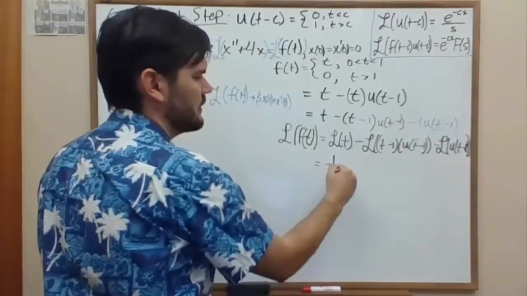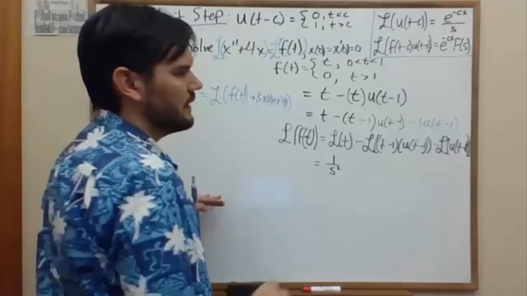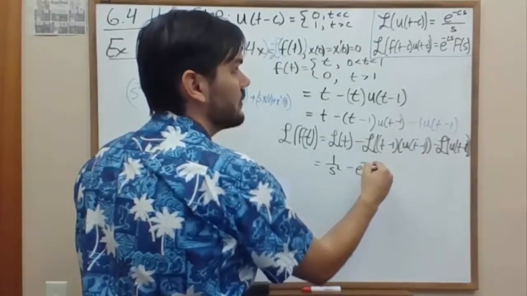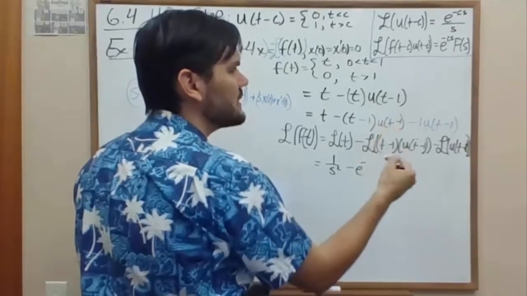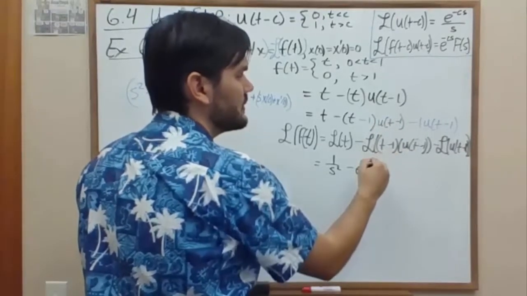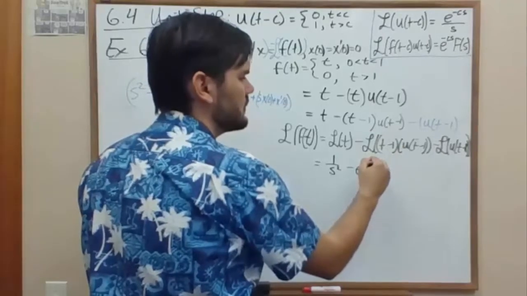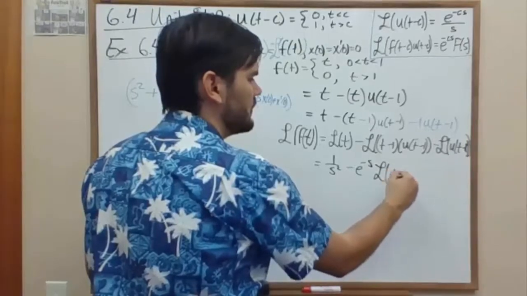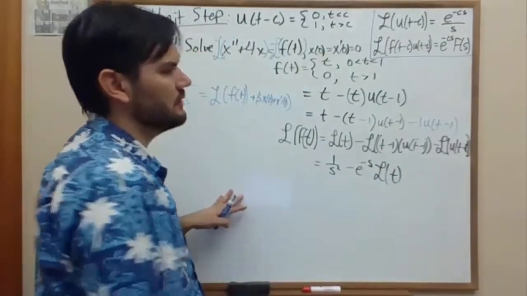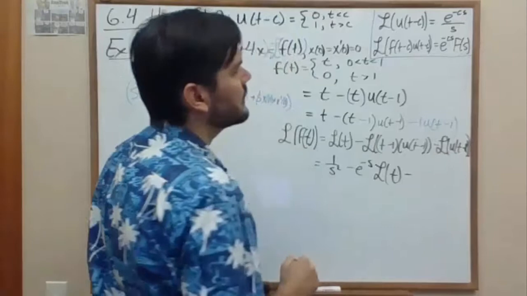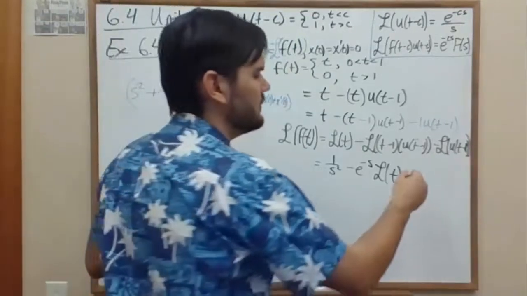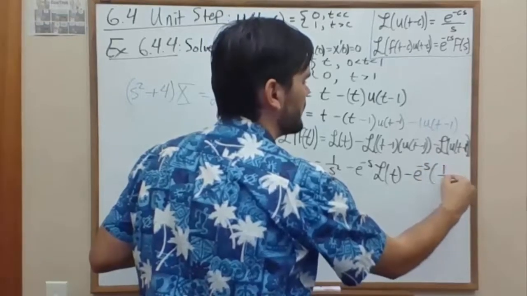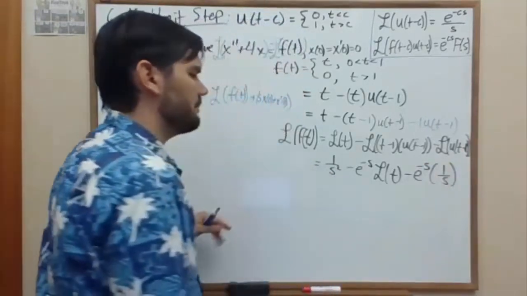So 1 over s squared is the transform of t. Then we have an activation, so we pull out e to the negative c times s. Again, here c is 1, so that's e to the negative s times the transform of t, the unshifted version of it, minus the transformation of the unit step, which is simply e to the negative s times 1 over s, like that.